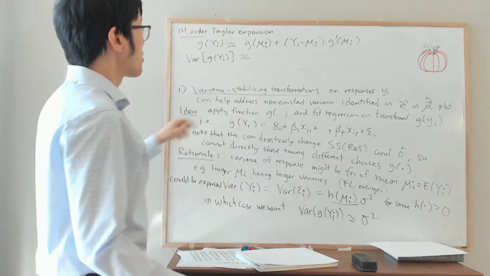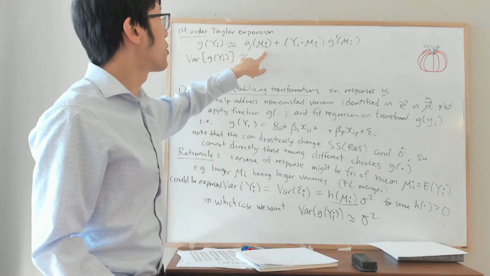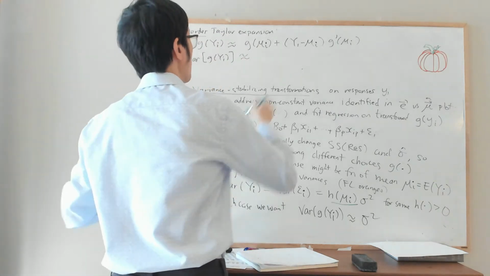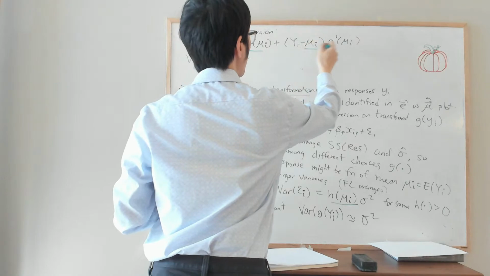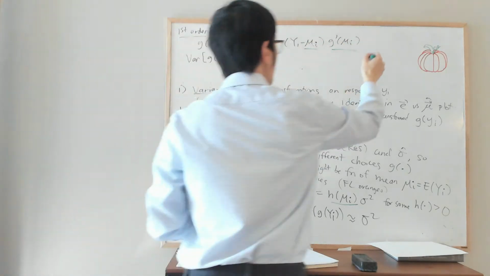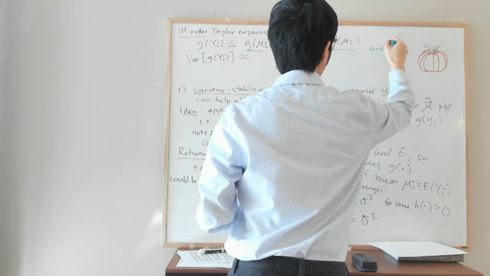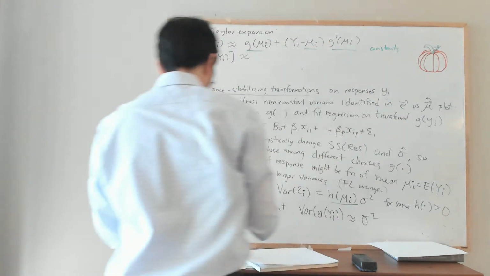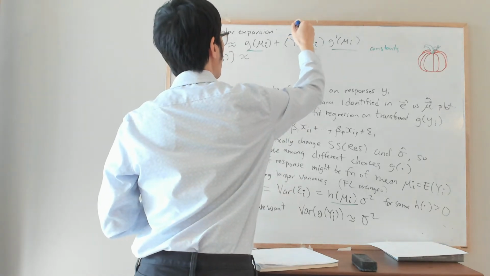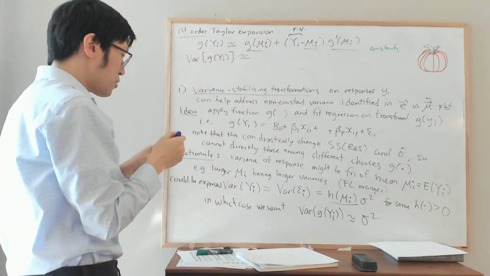You notice all of this stuff is constant. g of mu i is constant, so all of these are just constant terms. The stuff in green is constants, and the only random variable is yi.